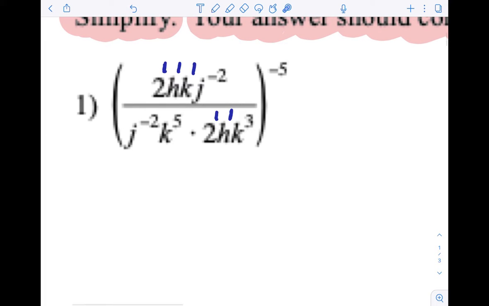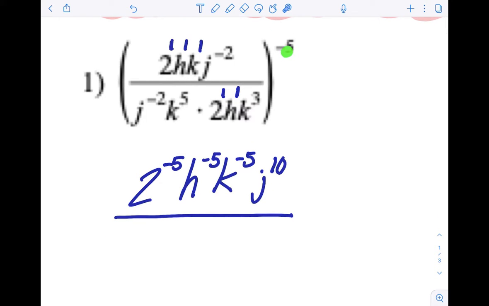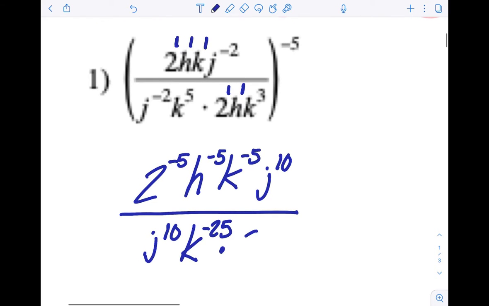So -5 times 1, I get 2 to the -5. -5 times 1 is h to the -5 and k to the -5. -5 times -2 is j to the +10 over... -5 times -2, I get j to the +10. -5 times 5, I get k to the -25. -5 times 1, I get 2 to the -5 times 2 to the -5.